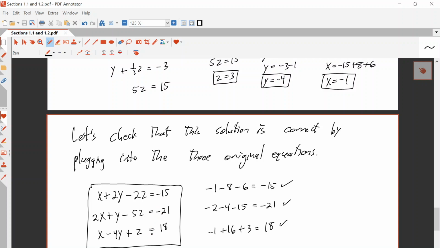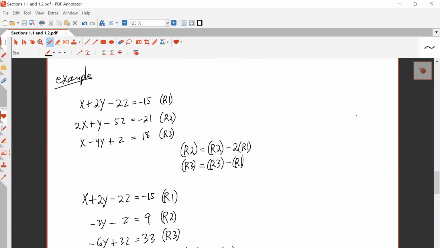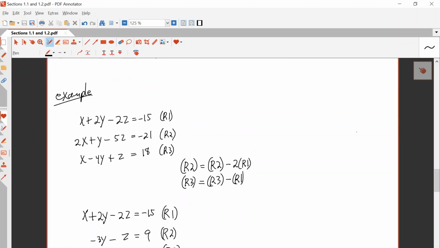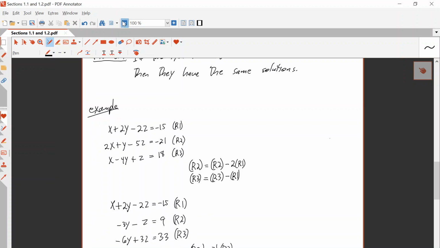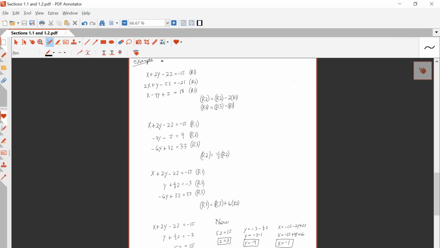All right. So this nice organized way of solving using these row operations is still a little bit cumbersome. There's still something we can do to shorten the process.